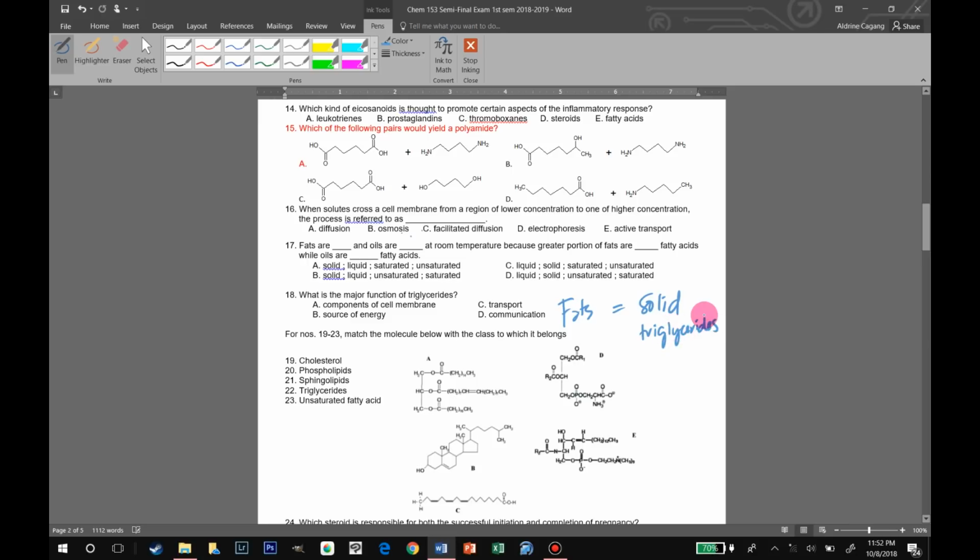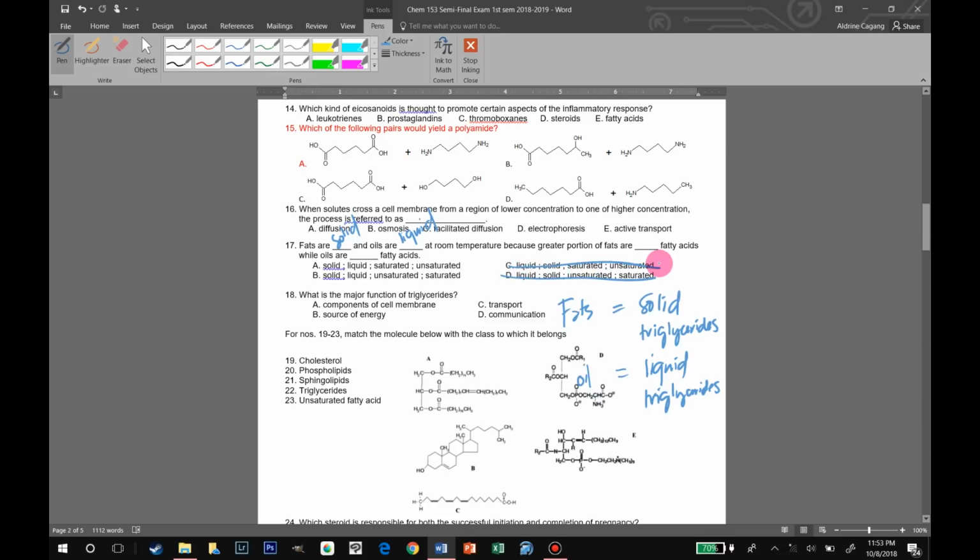So here should be solid. And then by definition, your oils are called oils because these are the liquid form of your triglycerides. So both of them are actually triglycerides. They just differ in the phase they are in. So oil is liquid. So letter C and D seems to be out of the question.